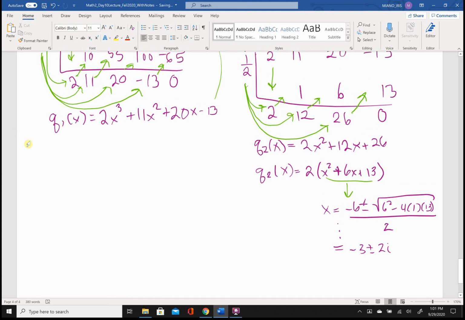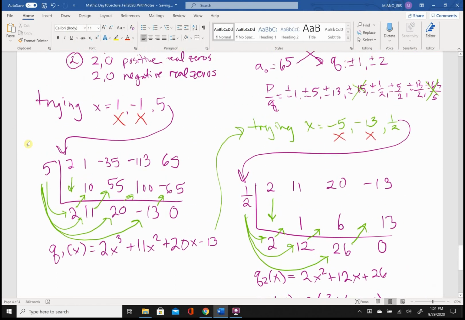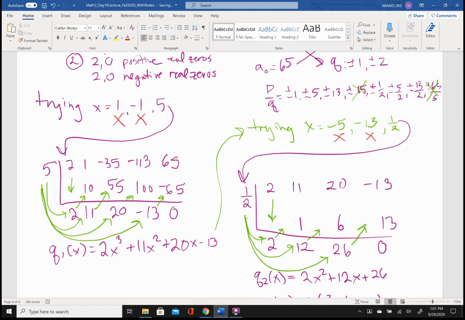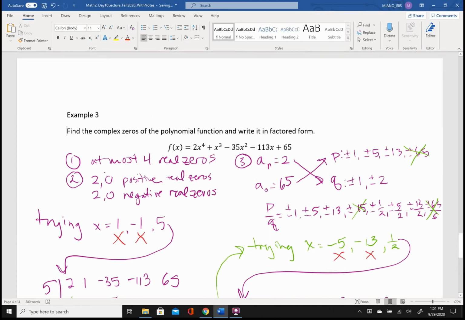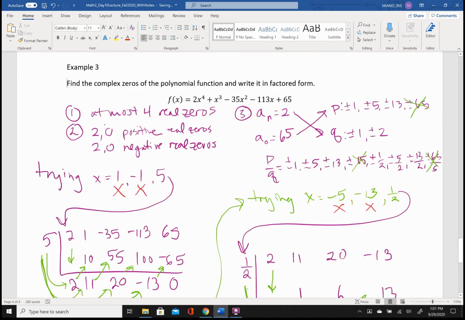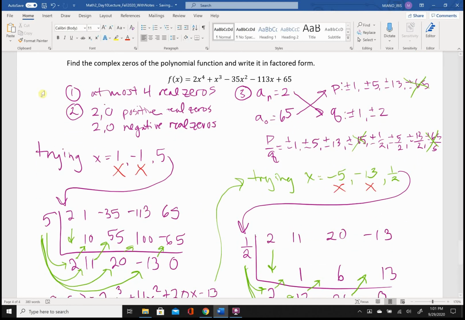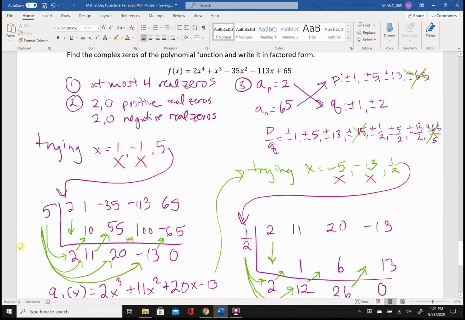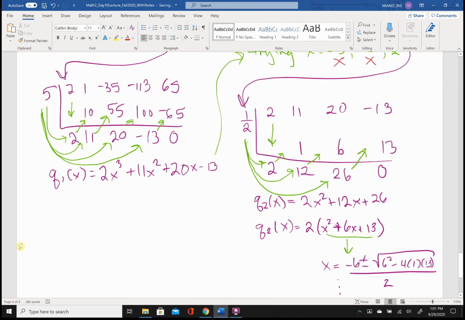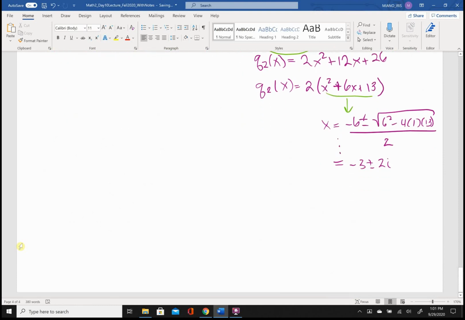And then otherwise, we were able to successfully go through the synthetic division process with 2 real solutions. And remember, there were 4 zeros total. 2 of them at most could have been real, but 4 of them could have been real. Only 2 of them ended up real, and the other 2 were non-real, complex.